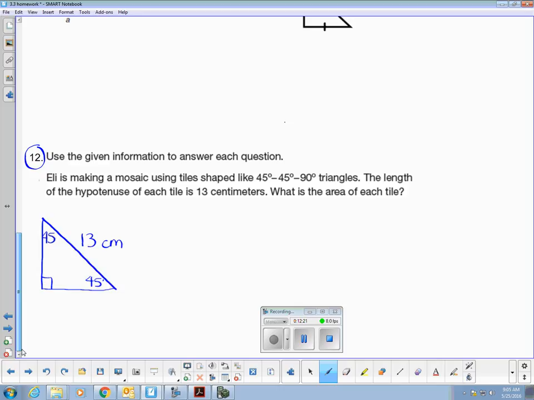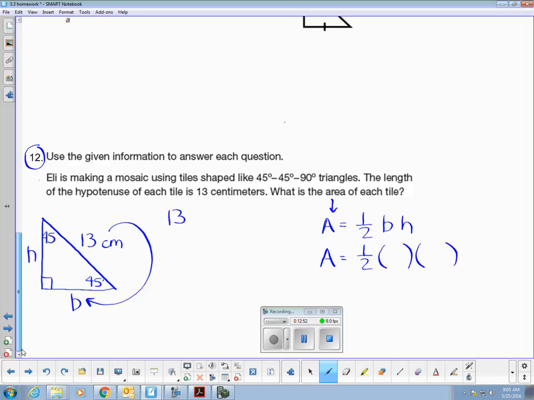So in order to find the area of a triangle, I need to use the following formula: 1/2 the base times the height. When I look over here in this drawing, I notice that I don't know the base, nor do I know the height. However, I can find the base and the height by using the relationship of a 45, 45, 90 from the hypotenuse to the leg. I divide by radical 2.